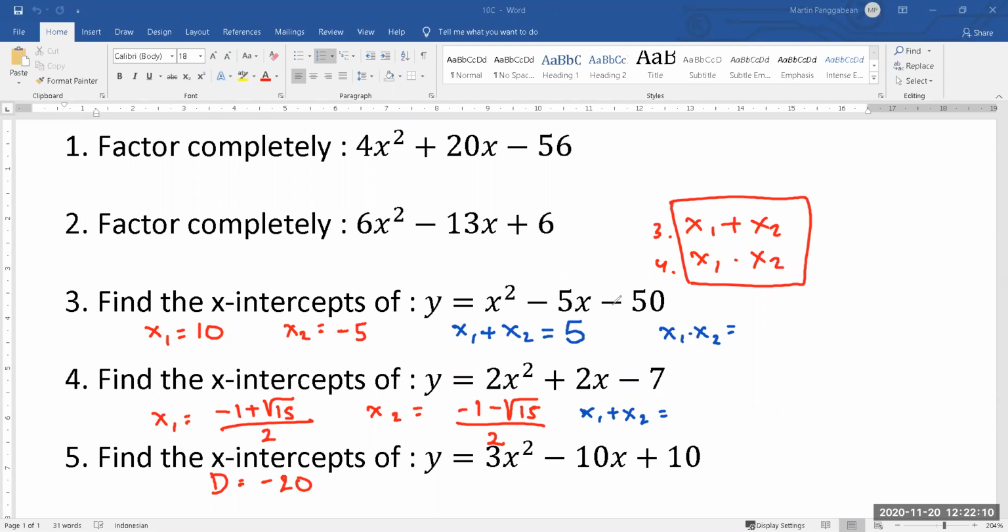Okay. And the last part, x1 times x2. Valen? -50. Okay. So who has already had number 4, x1 plus x2?